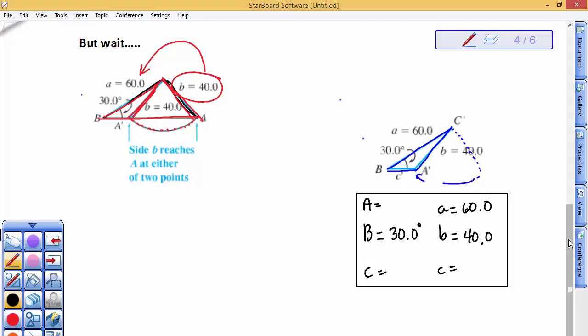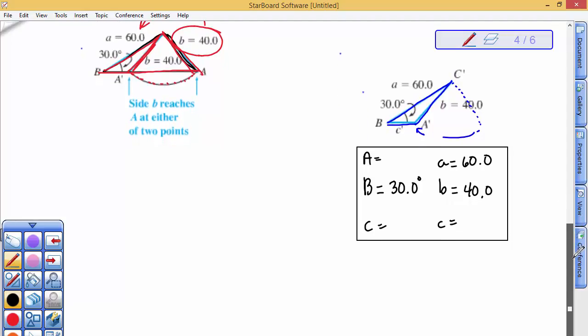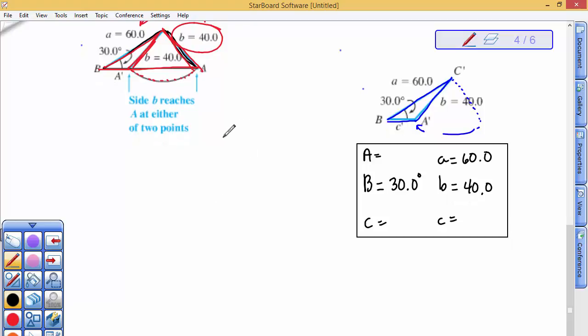So when we wrote side A over the sine of angle A equals side B over the sine of angle B, we found out that the sine of angle A, as I recall, was equal to 0.75.